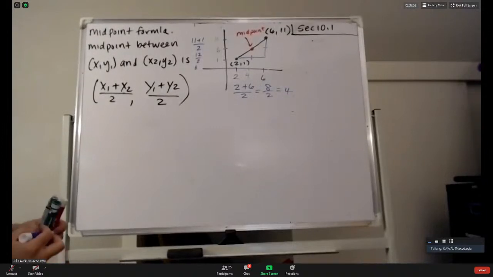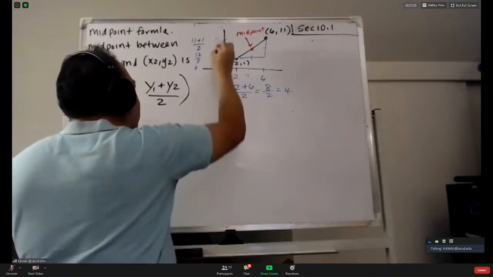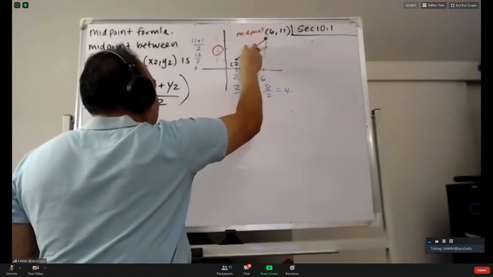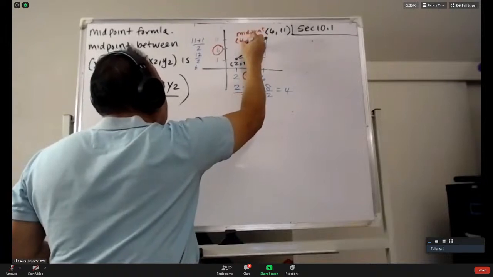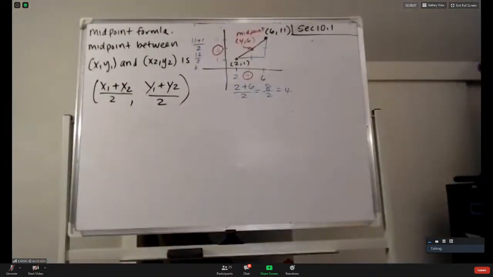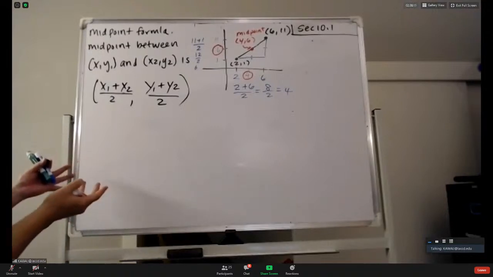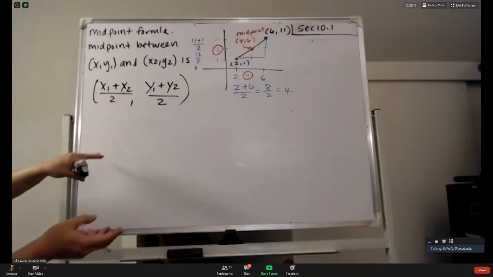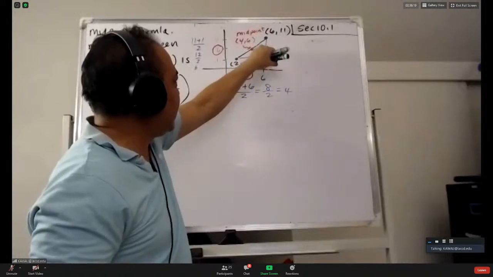So the midpoint would end up being 4, 6. All you're doing is taking the average of the x values and the average of the y values: add them up, divide by 2.